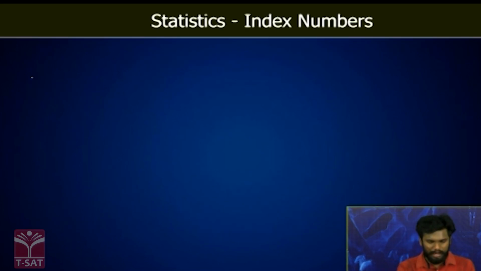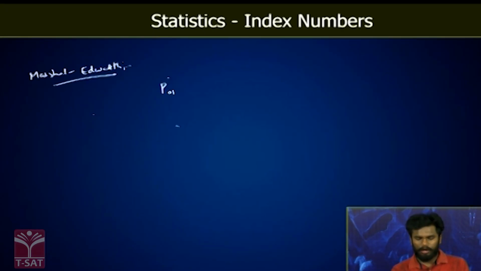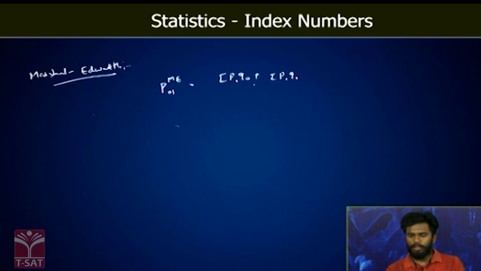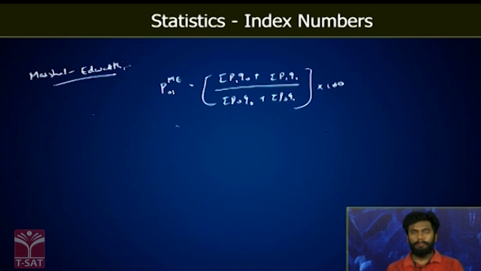And next index number we have is Marshall-Edgeworth, denoted by P01 ME, and it is given by summation P1 Q0 plus summation P1 Q1 divided by summation P0 Q0 plus summation P0 Q1, into 100.